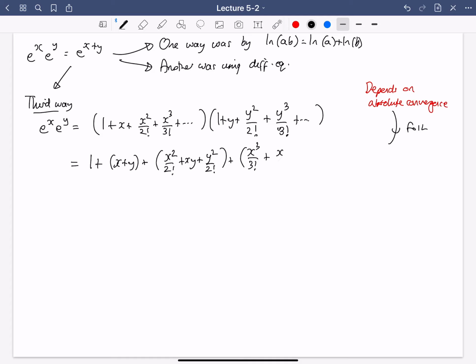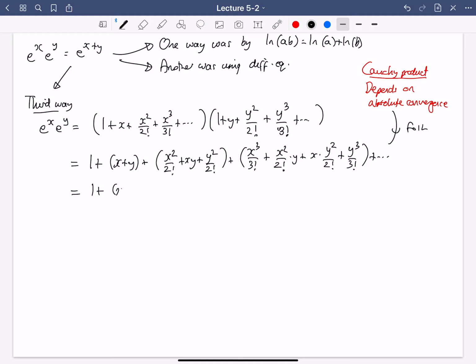What have I got? I've got x squared over 2 factorial, which is going to hit the y, and x is going to hit the y squared over 2 factorial, and then y cubed over 3 factorial, and it carries on like this. So what I'm really doing is ordering these terms in order of degree. I'm forming what's often called the Cauchy product. So it's a sort of common sense construction. And there's some theory behind this which justifies that this makes sense, and the new series does indeed converge.